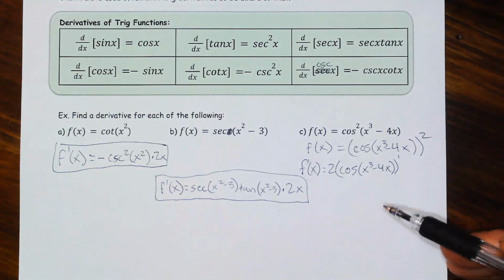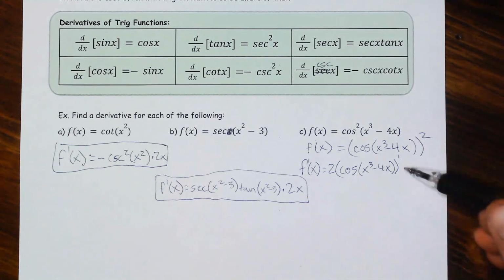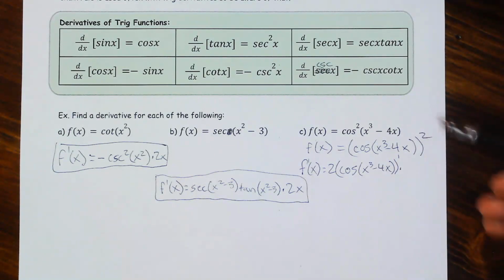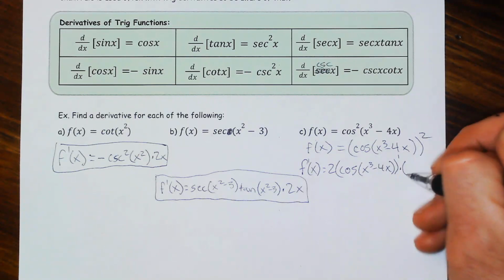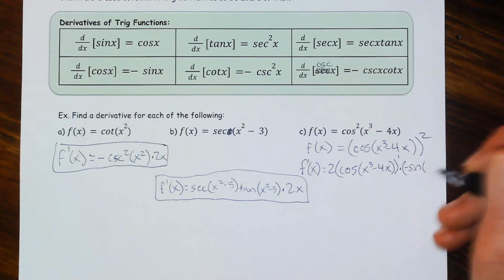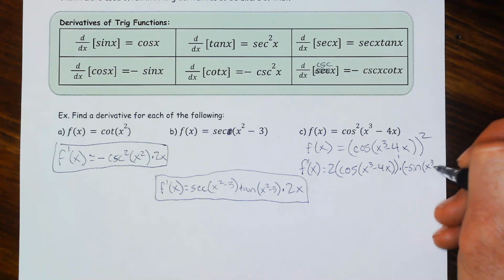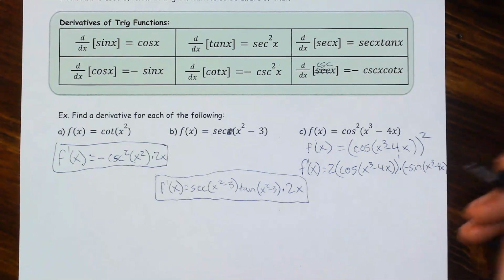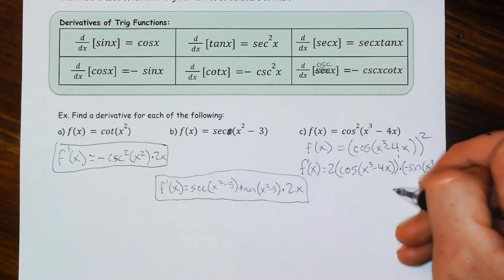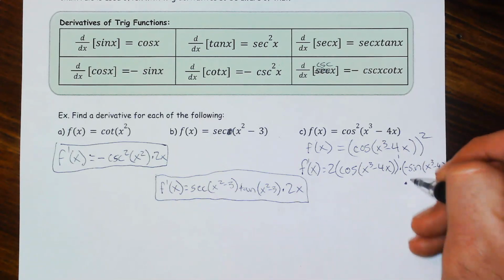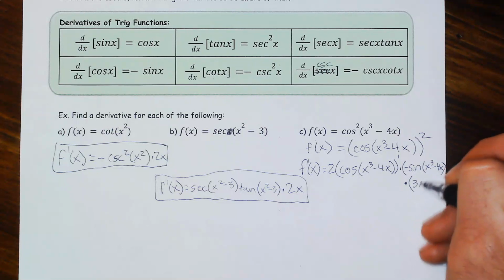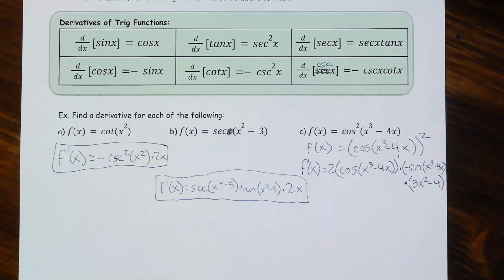Again, you don't have to put that first power. I just do for clarity's sake. Then multiply that by the derivative of cosine, which is negative sine of x cubed minus 4x. And I should have used a different space on my table. But then I would multiply by 3x squared minus 4, which is the derivative of the inside.